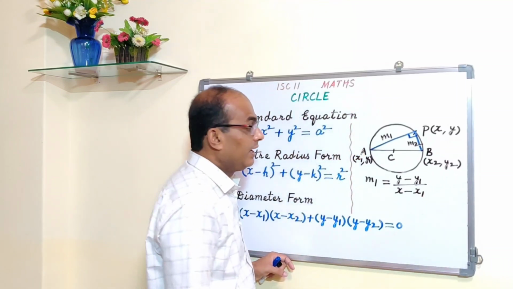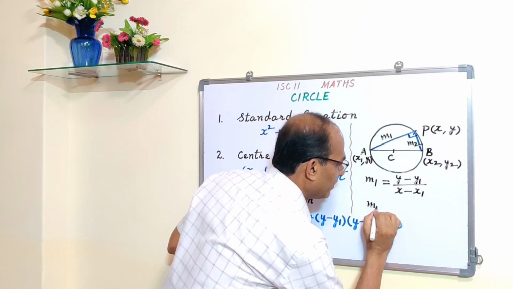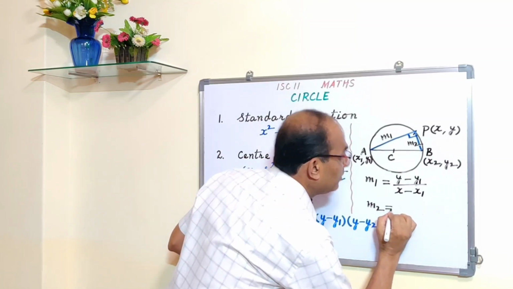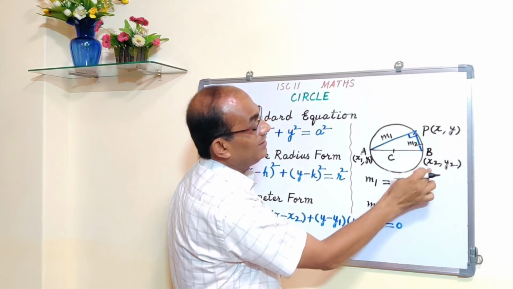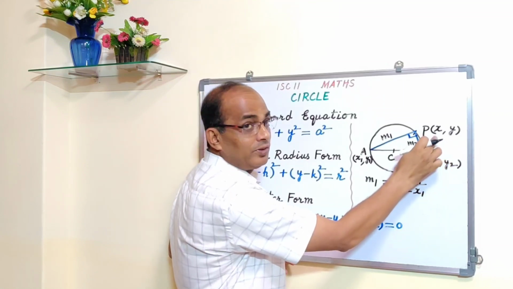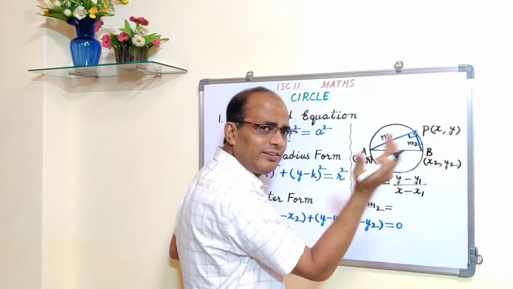This is m1. And then you write down m2. m2 is equal to, now this time already it is x2, y2. This you can call x1, y1, or you can call this x2, y2, this x1. It is up to you.